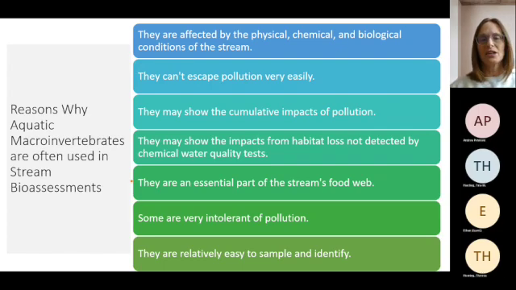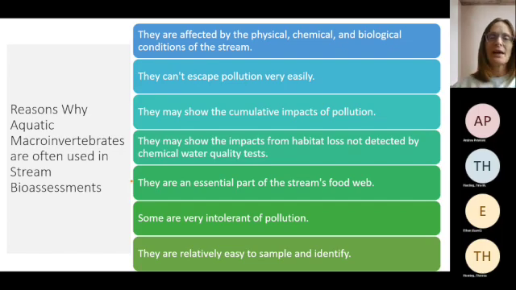Third one, they show the cumulative impacts of pollution. So macroinvertebrates, even though they're macro, big enough to see with the naked eye, they're still small enough that it doesn't take a whole lot of pollution to impact populations, especially those macroinvertebrates that are really sensitive to pollution.